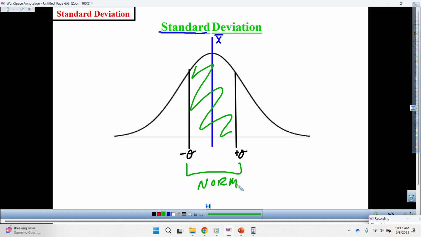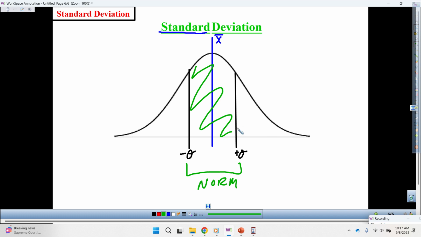So anybody that scores within that section is doing all right. How are we doing?